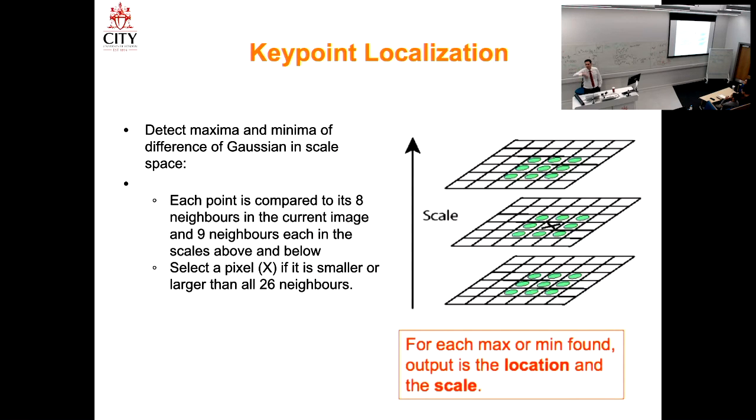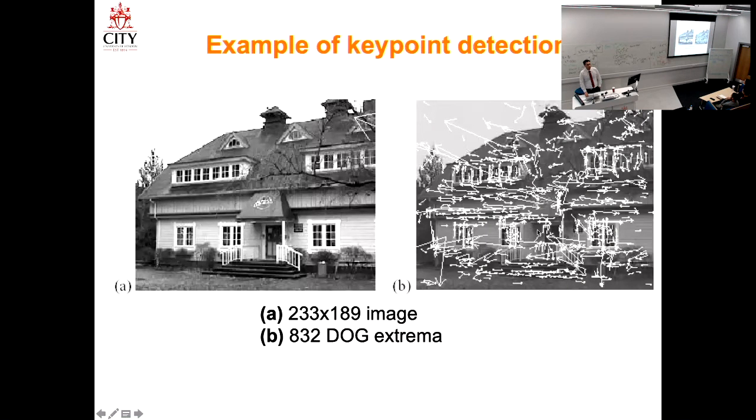If everything around it is very low, this is maybe on a corner. Okay? So if this value is bigger or smaller than all the neighborhood, the minima or maxima, I say this might be an important point. I call it a DoG extrema. So in an image like this, I end up with something like this. I have 830 possible points.